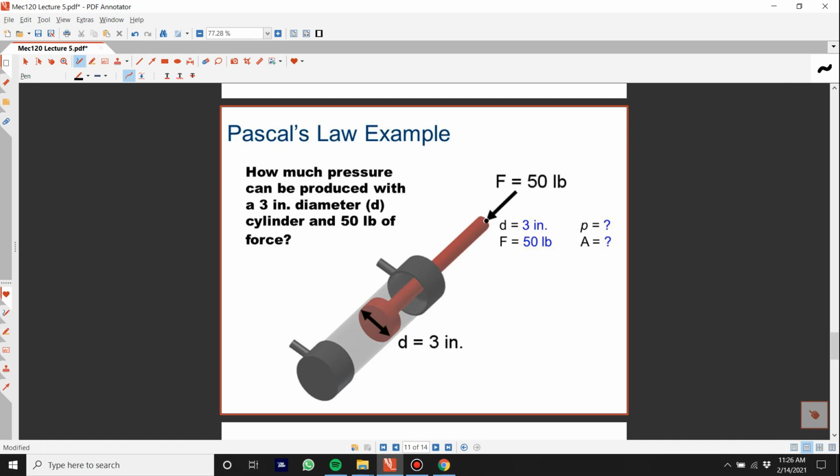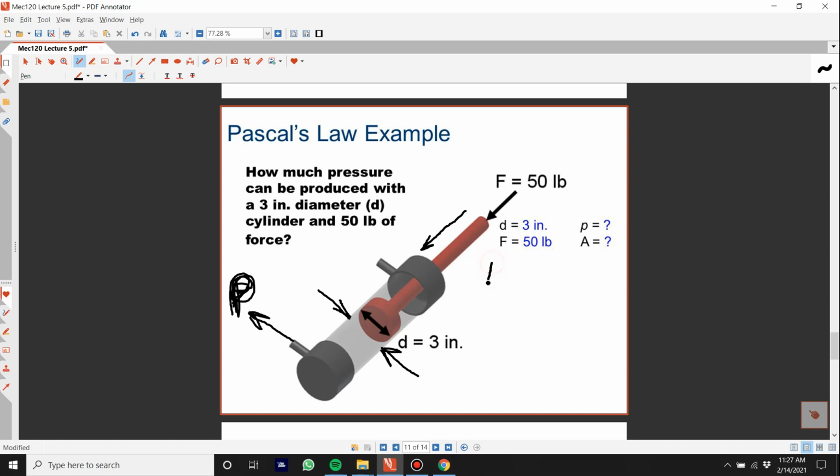If we could apply 50 pounds to the piston, the 50 pounds pushes the piston in this direction. If the cylinder has a diameter of 3 inches, how much pressure am I going to get out here? How many psi can I produce?